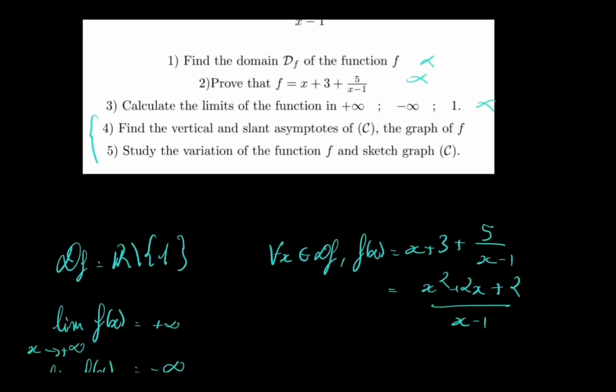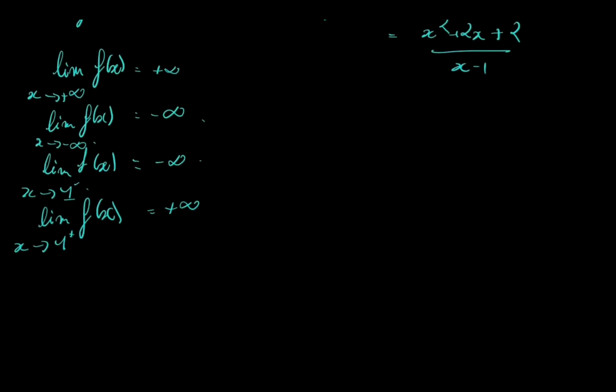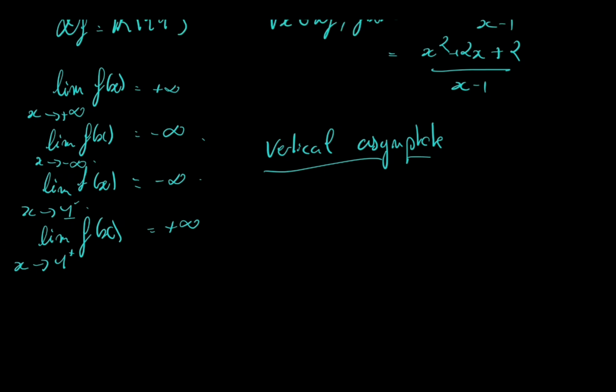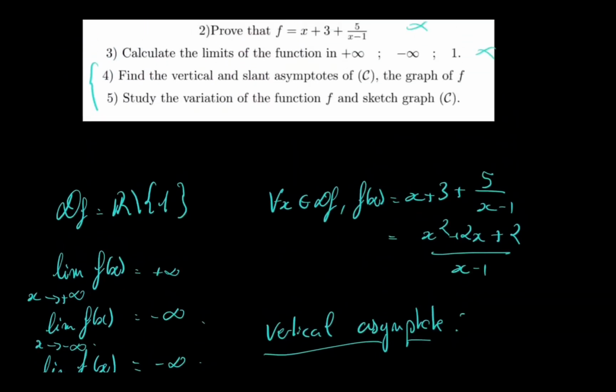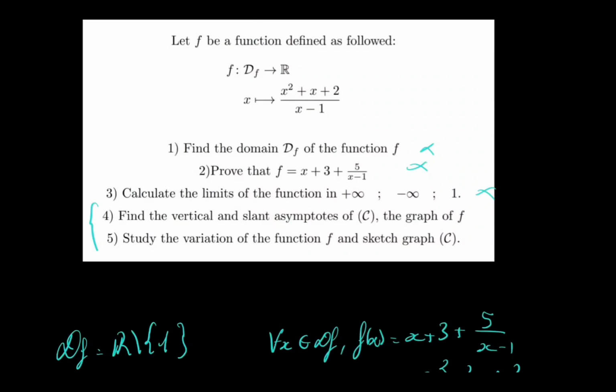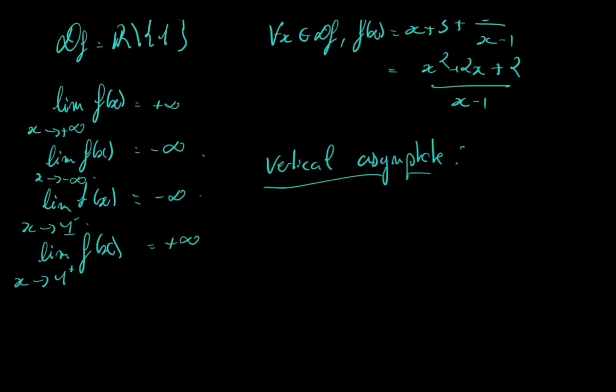Now we want to find the vertical and slant asymptotes of C. Let's start with the vertical asymptote. For all these rational functions, the problem is when we have 0 at the denominator, and there we will find a vertical asymptote. We see that just before 1, we go to minus infinity.